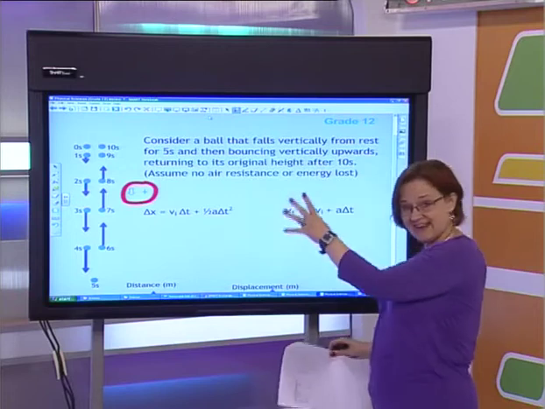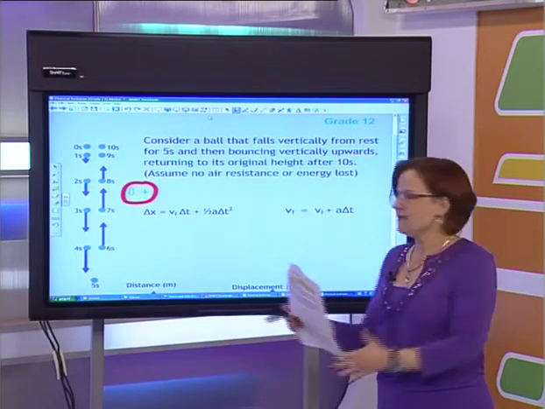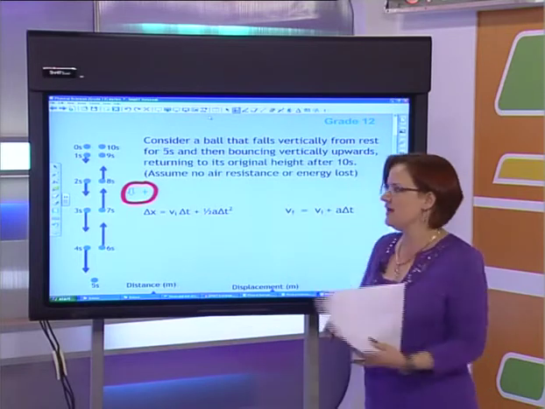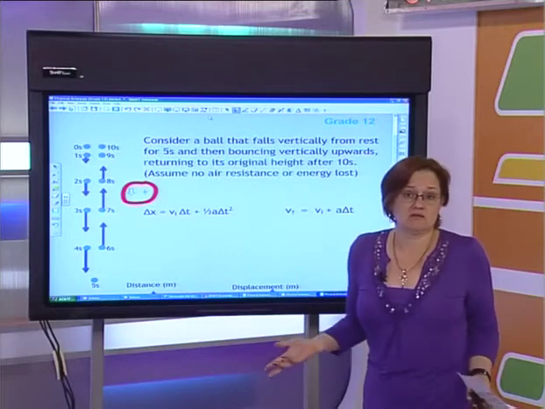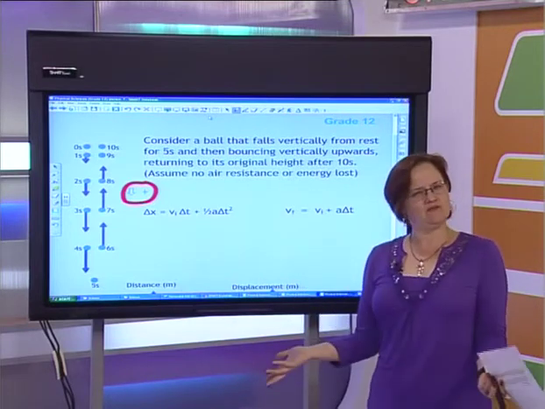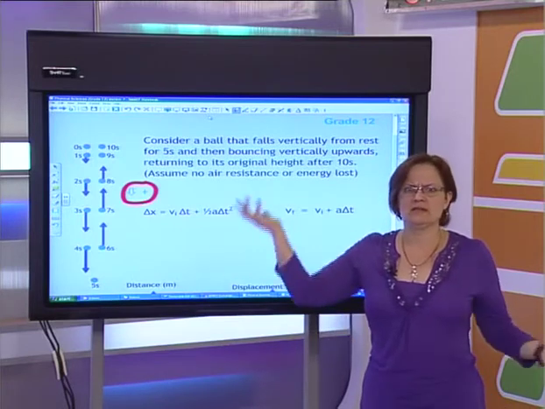And whatever that is, that's your positive direction. It just makes it easier. Then you don't have to keep remembering, am I using up as positive or down as positive? And sometimes it doesn't go in both directions. So if you always say to yourselves, well, down's going to be positive, and then they only give you something that's going up, you're making your life difficult because then you've got all these negative values that you don't want to use.